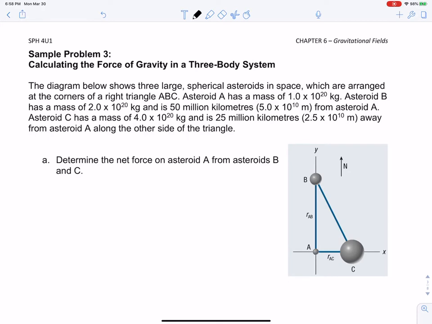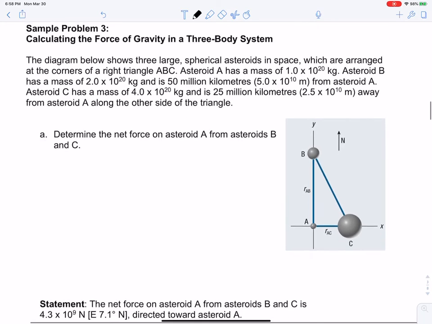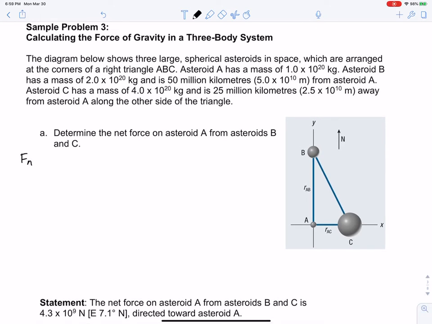Determine the net force on asteroid A from asteroid B and asteroid C. So what we're going to look at is the force on asteroid A from B, and we're going to use Newton's law of universal gravitation to find that out. Then we're going to find the force of asteroid C on asteroid A using Newton's law of universal gravitation.